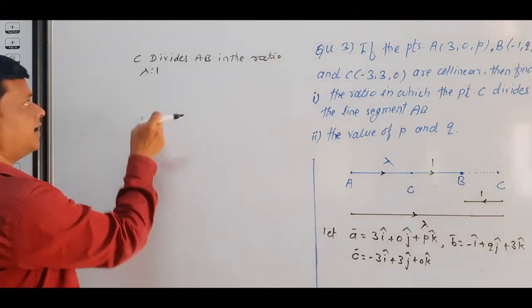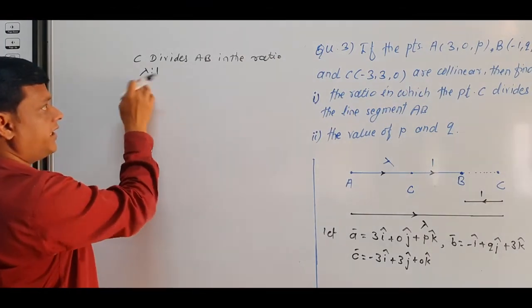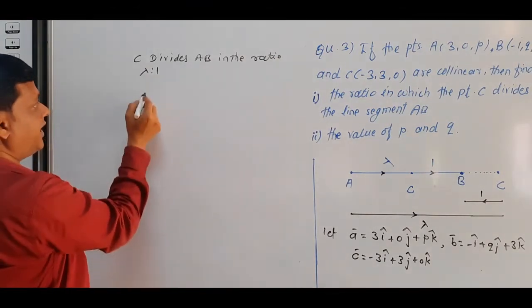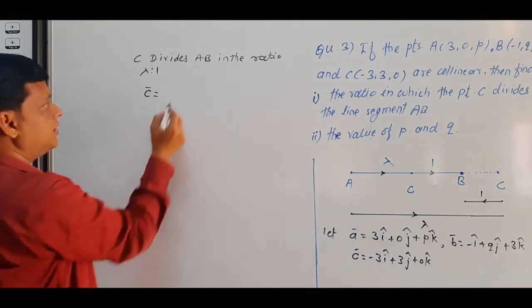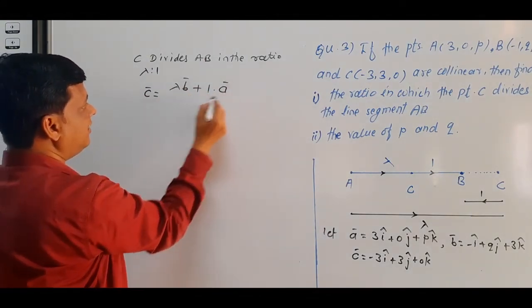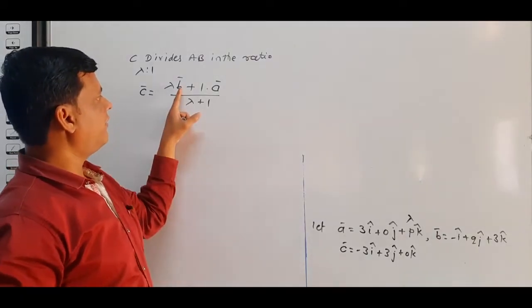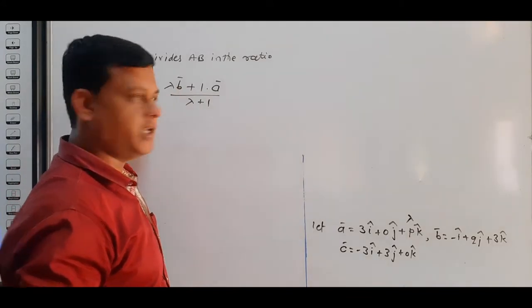So we consider here that point C divides this seg AB in the ratio lambda is to 1. So we write here C bar equals lambda into B bar plus 1 into A bar upon lambda plus 1. So substitute the values of vector A, vector B and vector C here.